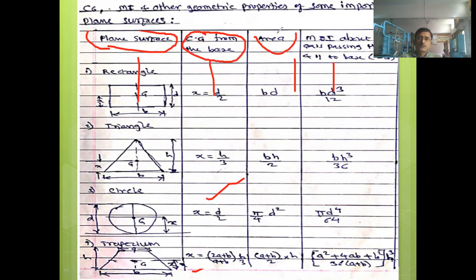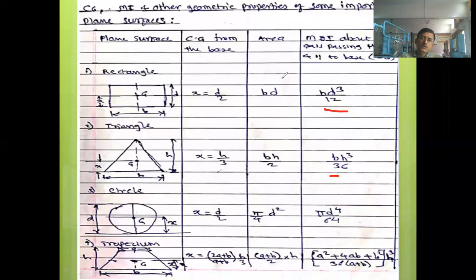The third column shows the area of that particular plane surface, and the last column shows the moment of inertia about an axis passing through the CZ, that is the centroidal axis, and we have the equation for that. Have you made these 4 columns?